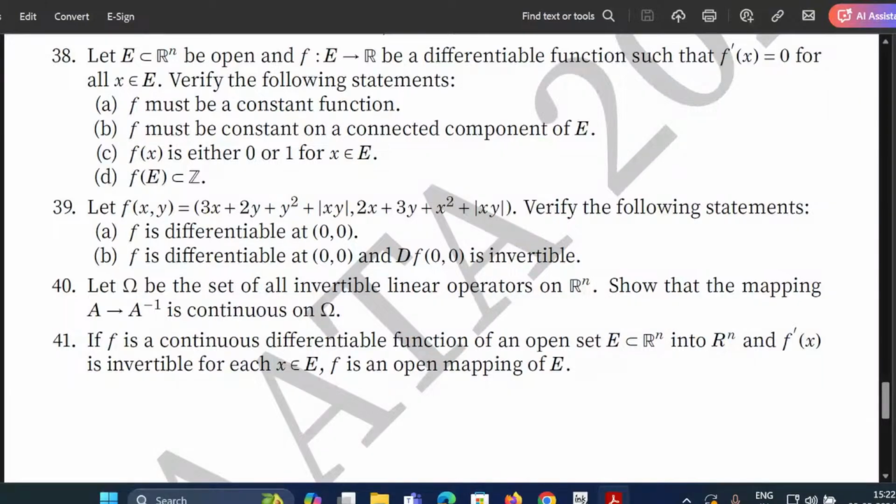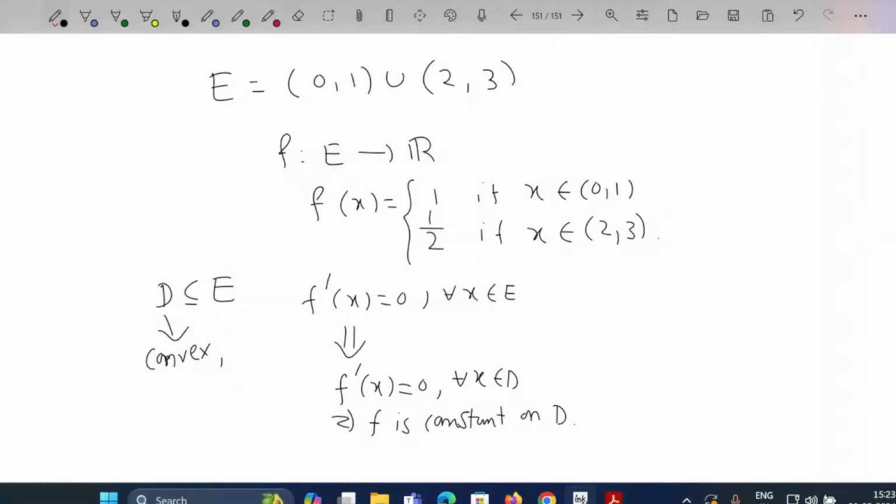What is the component? So I hope that you have this 3x plus 2y. Please tell me, what is the question of 39? 39 or 40? 39. Okay, what is our f1? 3x plus 2y plus y square plus mod x square.